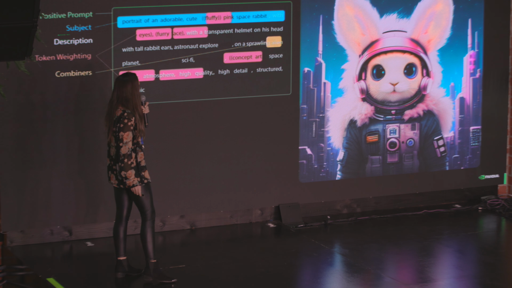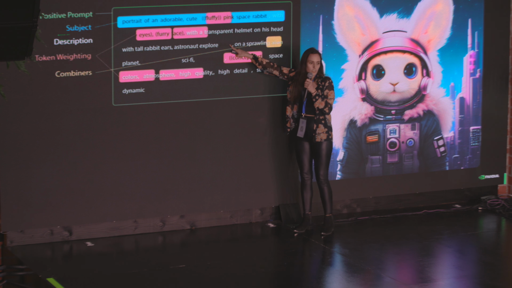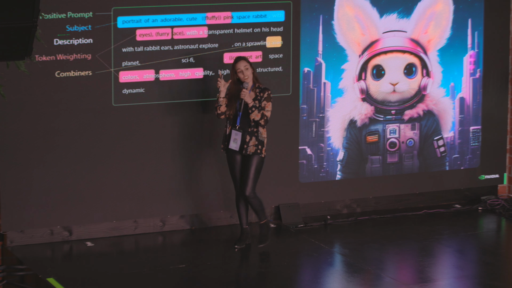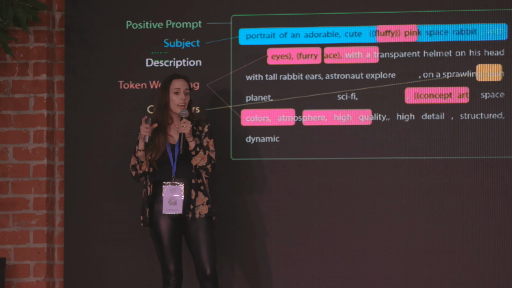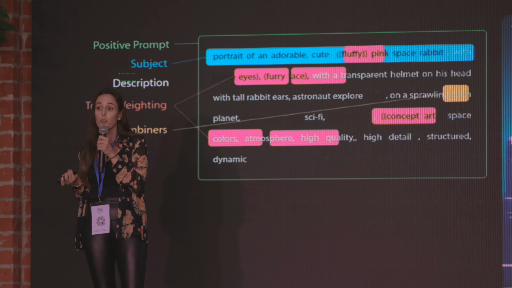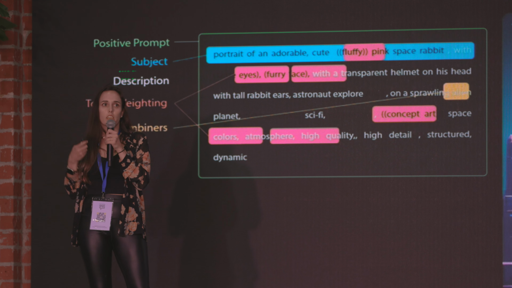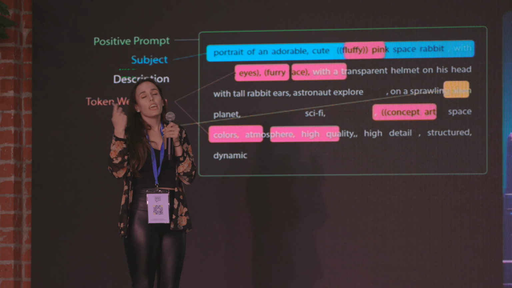The next thing is, this is in the wrong spot, but there is an and here. That's known as a combiner. A combiner is the ability to actually take two very separate ideas and put them together. And this allows you to actually control the visual output a lot better, because if you said, hey, I want a space bunny and I want him to be like in a Star Wars scape and I want it to also be an alien planet and I want it to have all this stuff, it can be a lot.